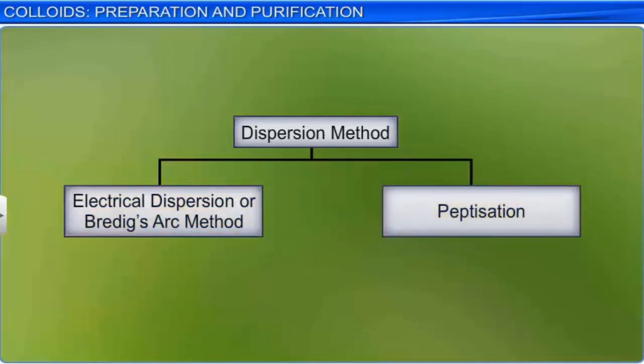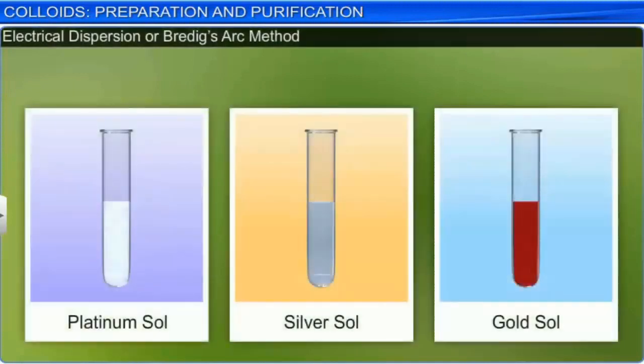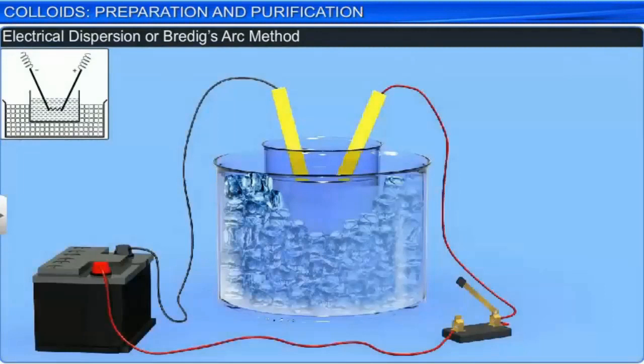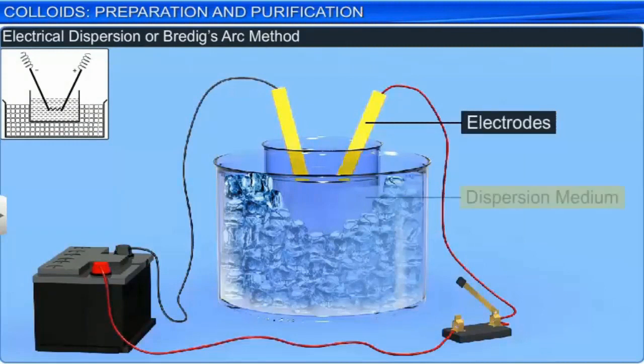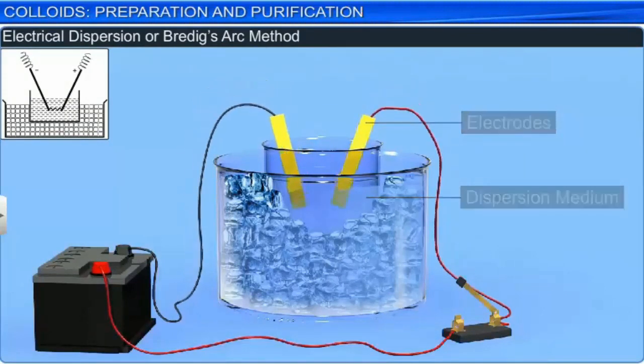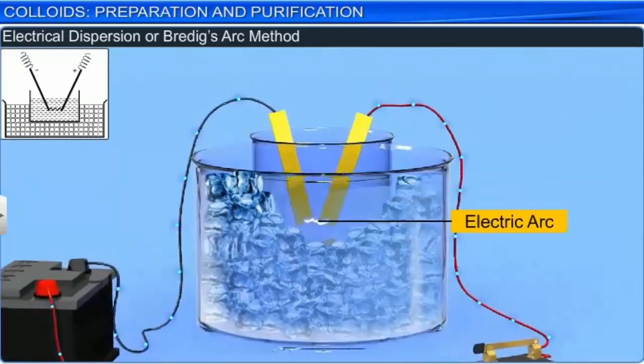Let us discuss electrical dispersion or Bredig's arc method first. This method is commonly used to prepare colloidal solutions of metals such as platinum, silver and gold. In this method, two electrodes of the metal whose colloidal solution is to be prepared are immersed in the dispersion medium and an electric arc is struck between the electrodes.